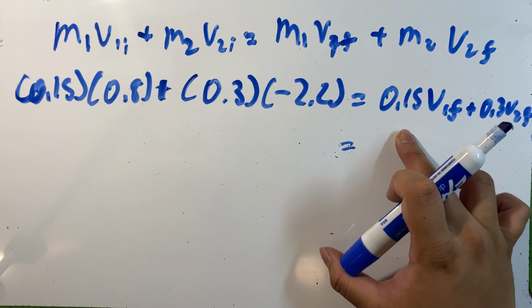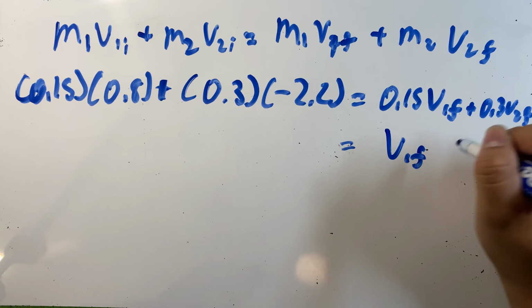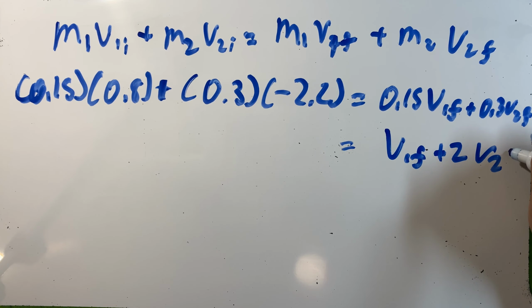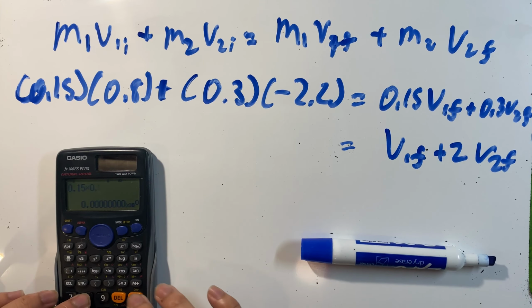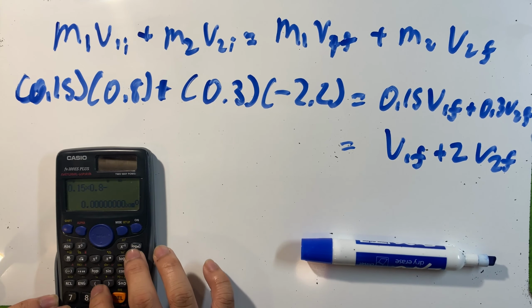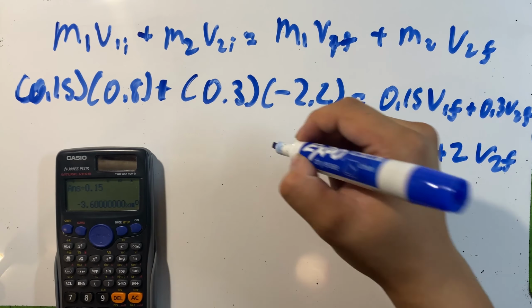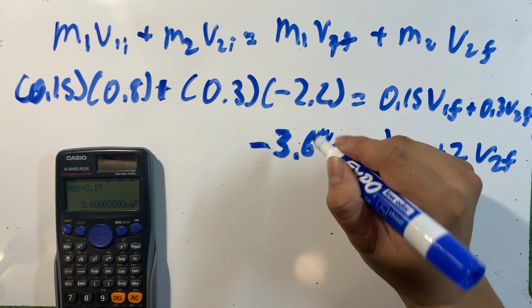Let's also divide out this 0.15 because it's divisible into this. So it's going to be v1 final plus 2 v2 final. Let's plug this in. It's going to be 0.15 times 0.8 minus 0.3 times 2.2, divided by 0.15, which is negative 3.6, and that's going to be meters per second.